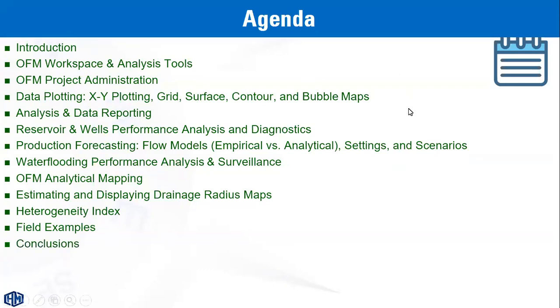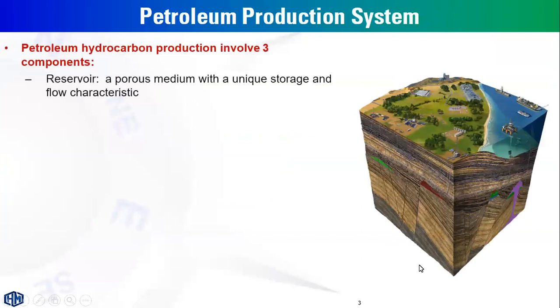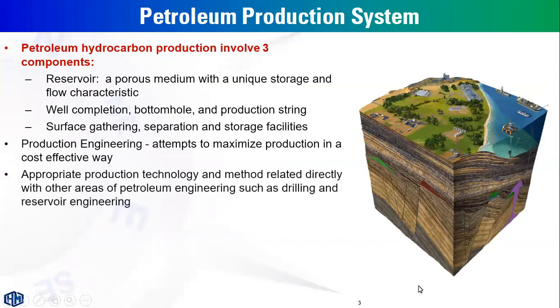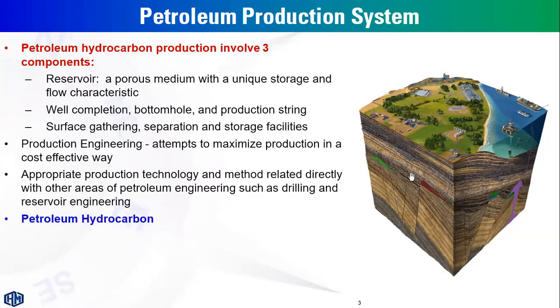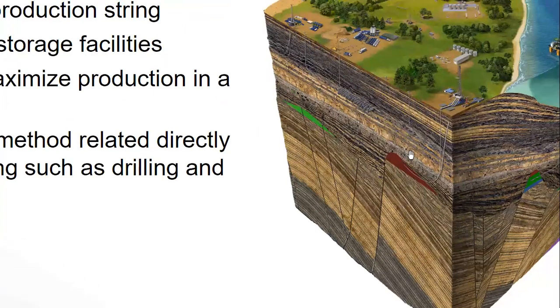So starting with this very common definition of the petroleum production system. As you know, we have three main components of the petroleum system: the subsurface component, or the reservoir, which is typically porous media, as you can see, with specific reservoir parameters and specific characteristics related to reservoir fluid and reservoir rock.